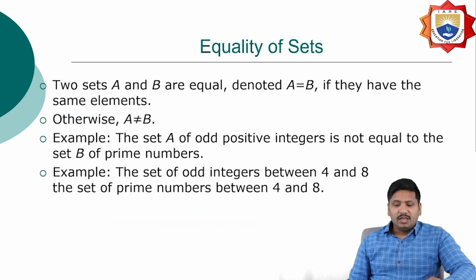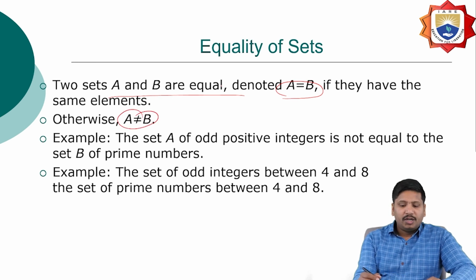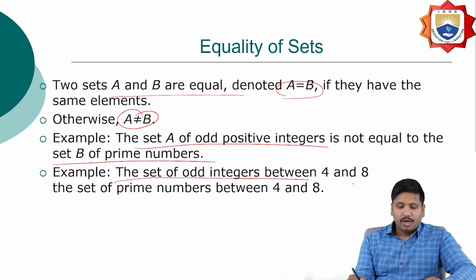And next one, what is the equality of sets? Here we have two sets A and B. It is denoted A equal to B. If all the elements of the two sets are not equal, then I can write A is not equal to B. So the set of positive integers is not equal to the set of prime numbers. Or take the set of odd numbers between 4 and 8 with the set of prime numbers between 4 and 8.